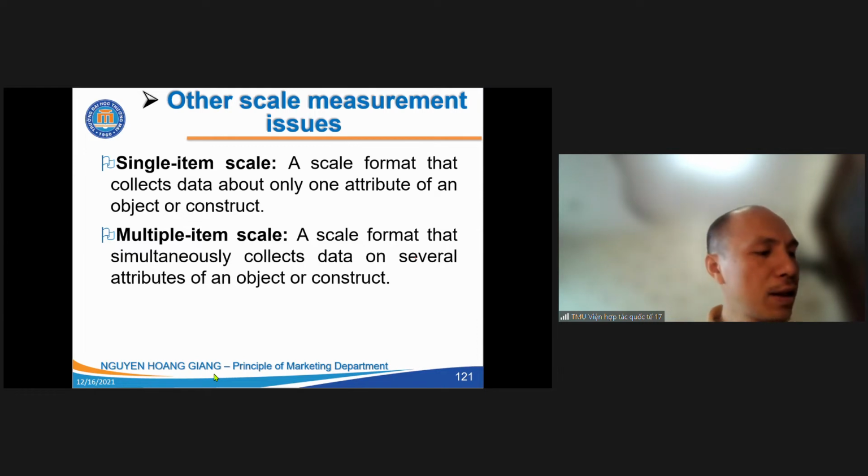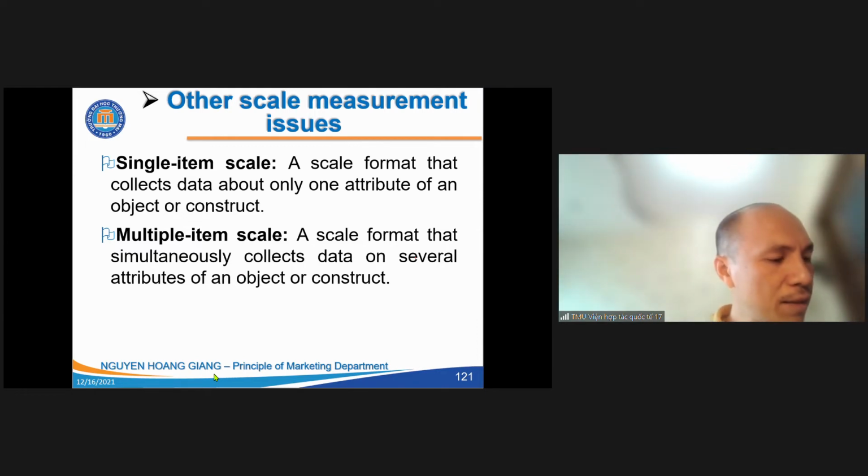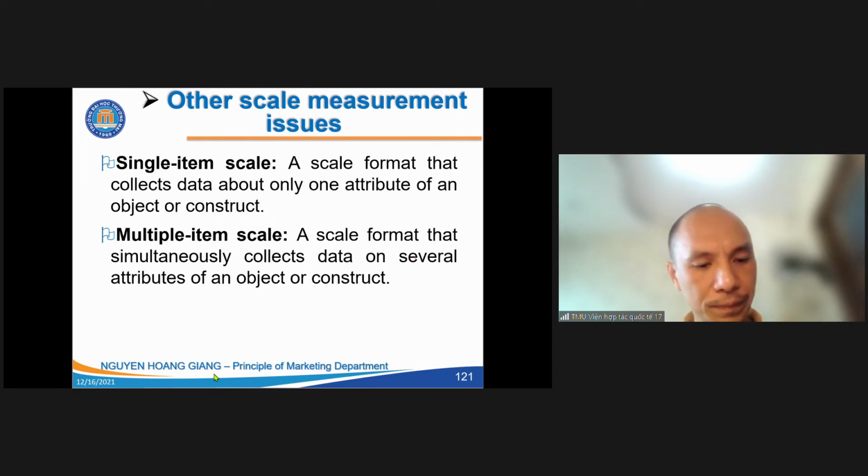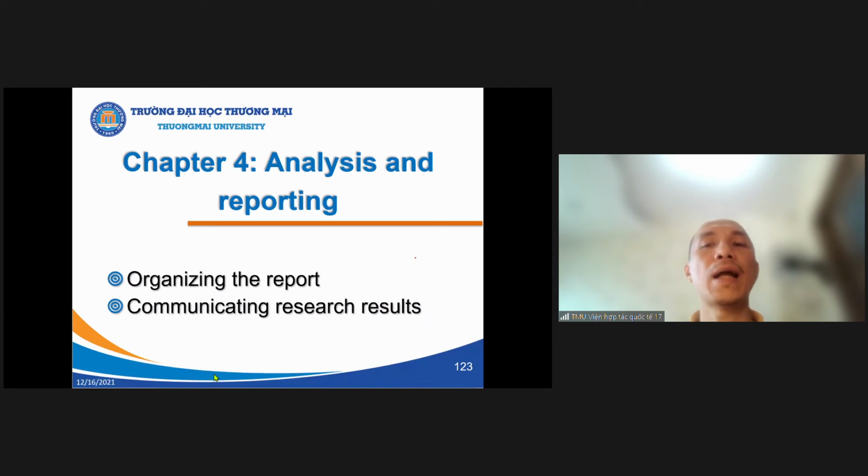That is all about chapter 3, and the final one is chapter 4, about analysis and reporting. So after we follow this, if you prepare very carefully about the plans, even in your plan you already have the way to analyze the data, the information, so it's very easy for you to do, especially now we have some software to help us.